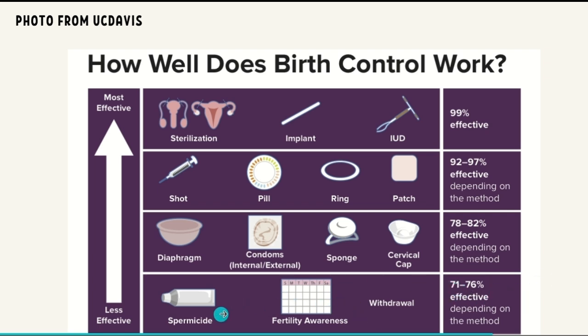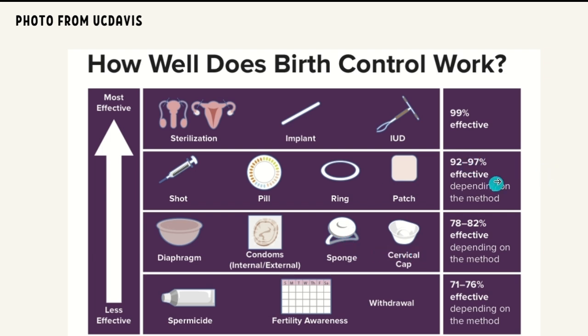So this is 71 to 76% effective. And then this next round is 78 to 82% effective, depending on the method. So you have the cervical cap, the sponge, then the condom, which is external, and then the diaphragm, which goes inside the vagina.